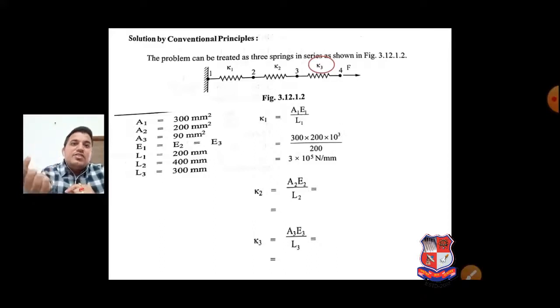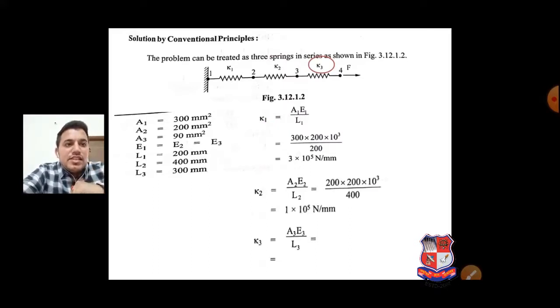Now similarly we have to find it for the second element and the third element. For the second element we have to find K2. Putting in the values of A2 E2 upon L2, the answer is 1 into 10 raised to 5 Newton per mm. Now let's see the similar for K3.